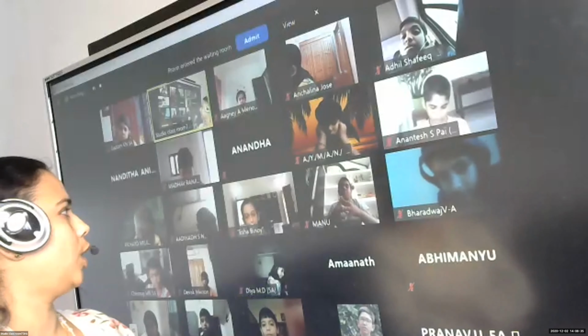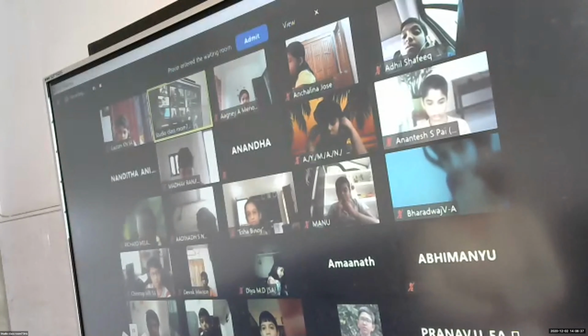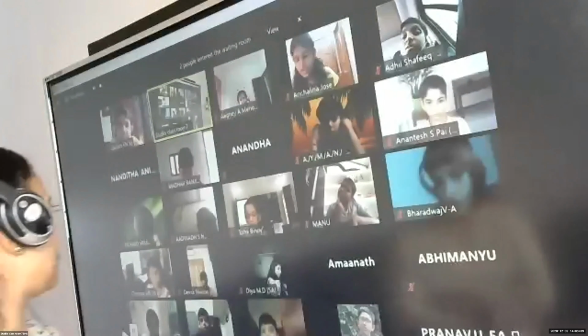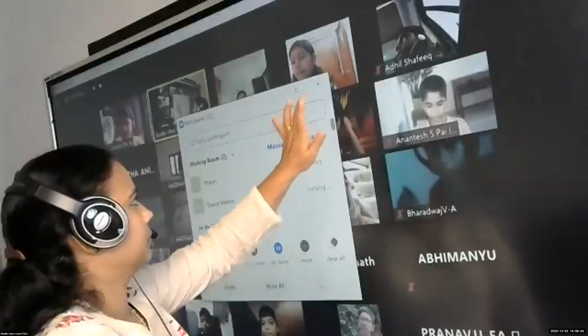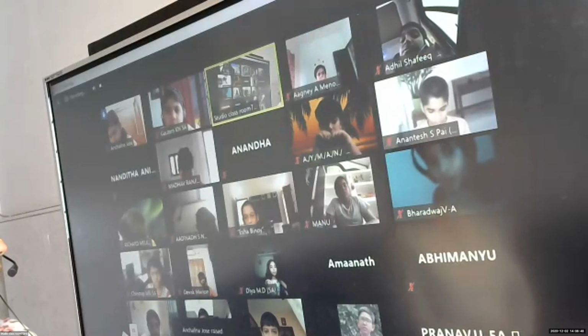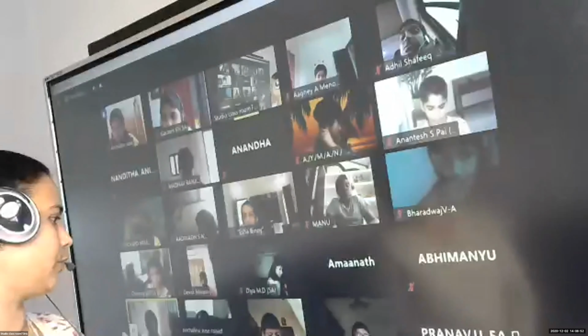Okay. Now Harsha, example for mixed fraction. 1 and 1 by 3. So that is a mixed fraction.